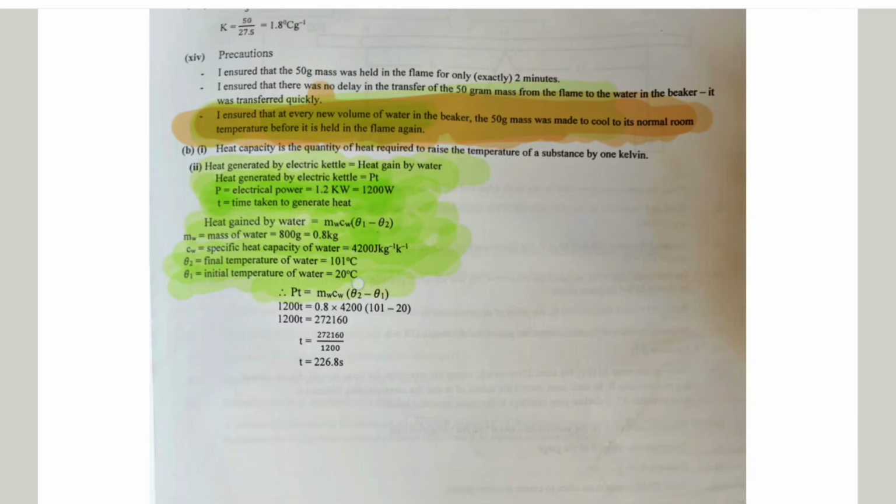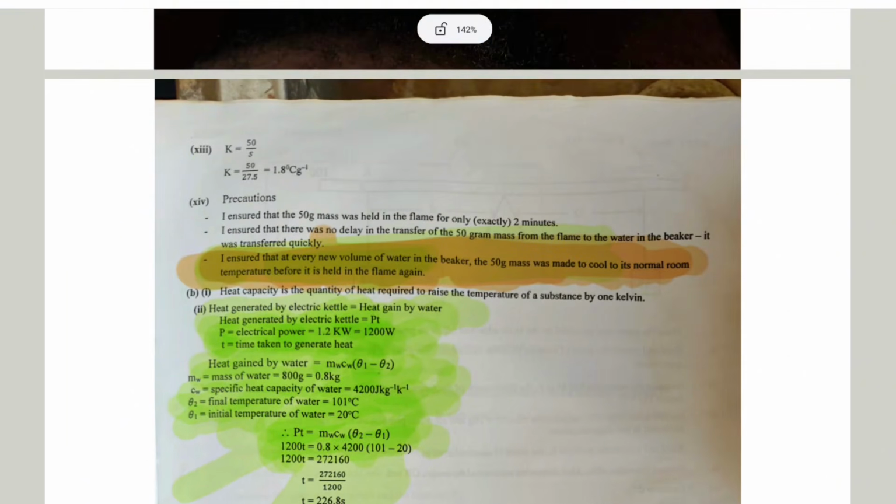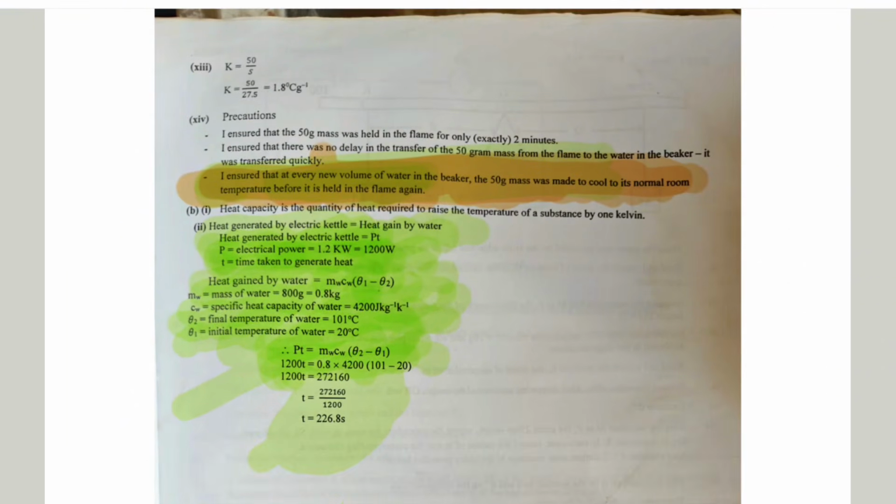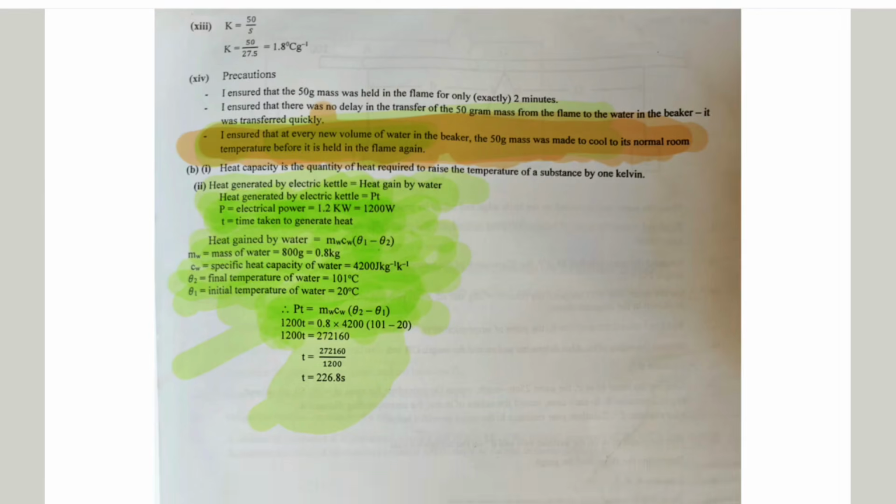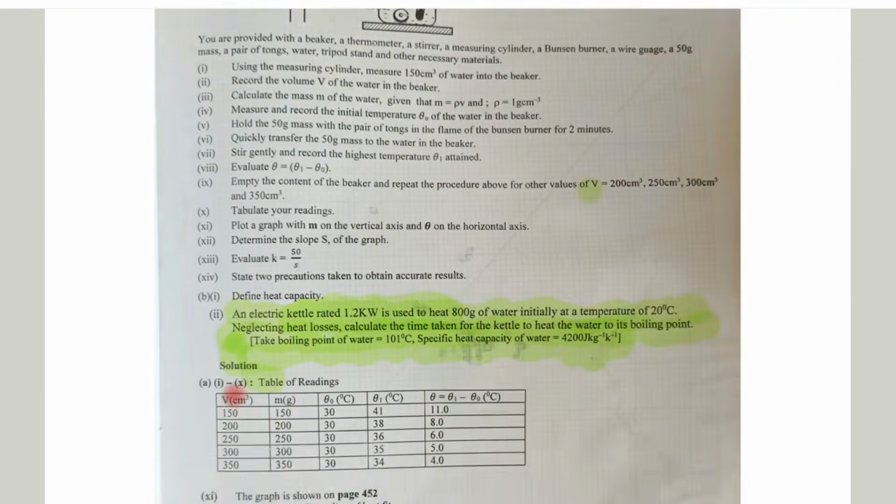So P t equals m_w c_w into theta 2 minus theta 1. When you substitute everything, it gives you t equal to 226.8 seconds. So that is how your question for both alternative A and B might look like when it comes to the specific heat capacity, which is the measurement of heat.